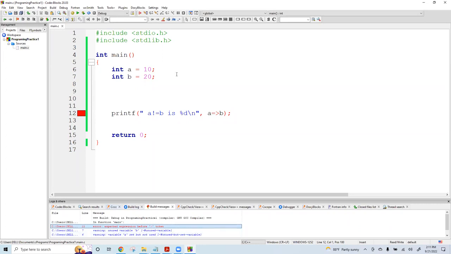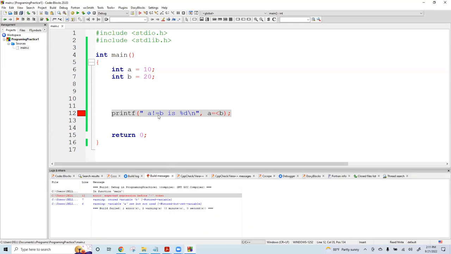See, or the other way, yeah. It will give a compile error. See, with red color, you can see it will show the error, and then down here in the build messages tab, the errors will be displayed.